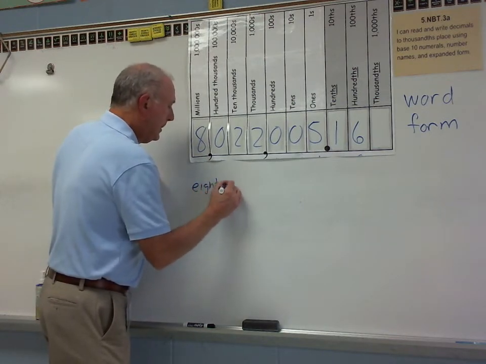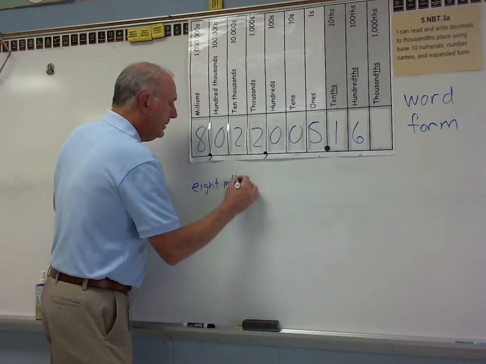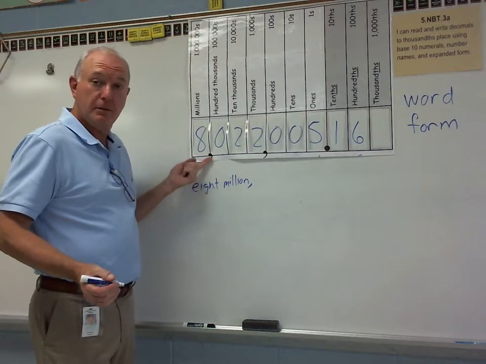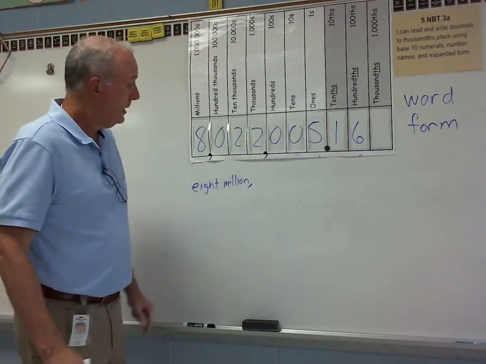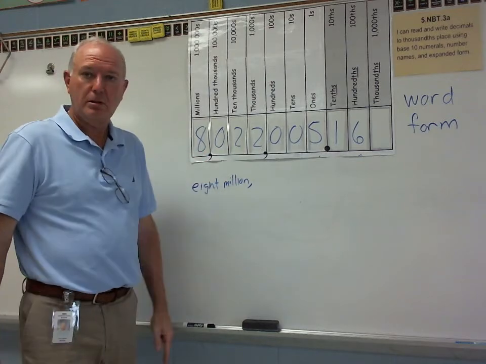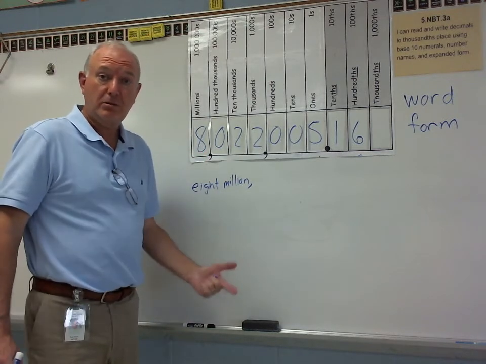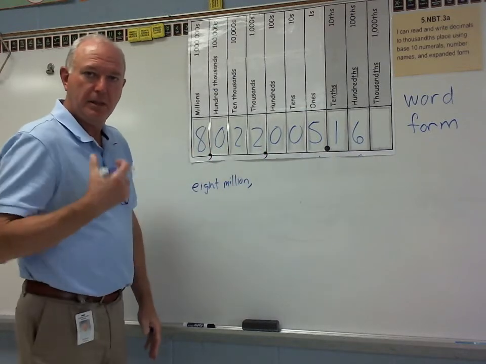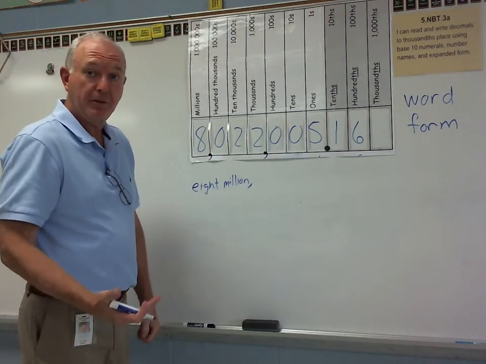8 million, comma after the word million because there's a comma that stands for million. And then, what is this? 022. Do I say 022? Of course not. You read that like it's a number, a single number by itself, not two numbers, okay?